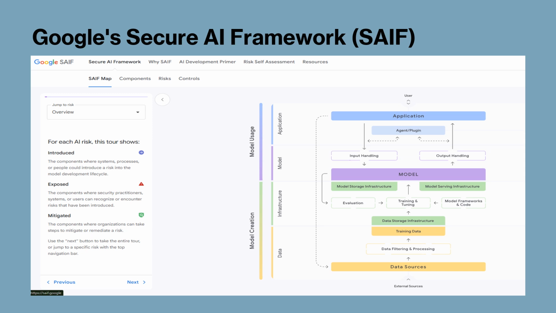On the left side there's a jump to tasks where overview is selected here. But we can see all of the subcomponents within those components, which are application, model, and data sources. And infrastructure is in there as well. What are they?